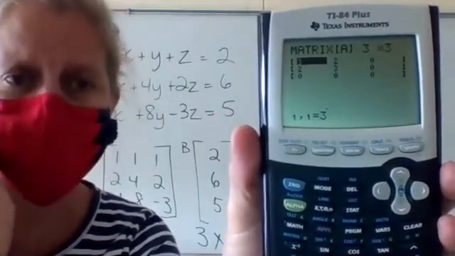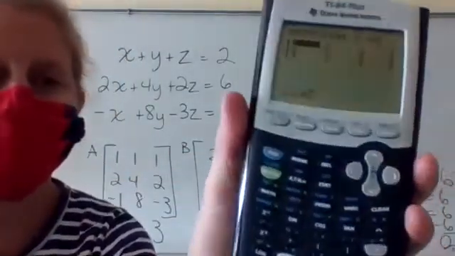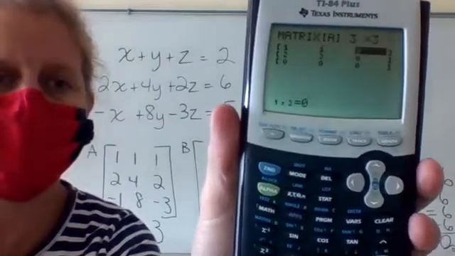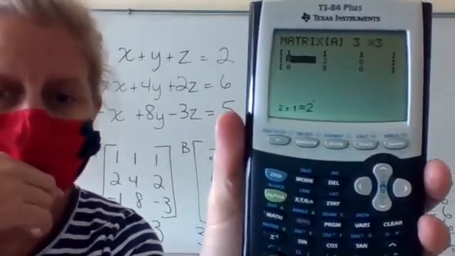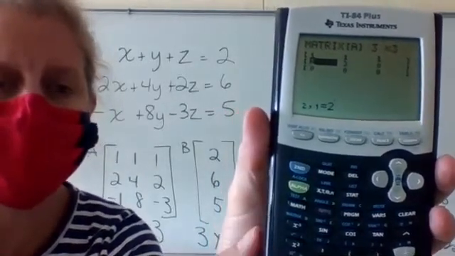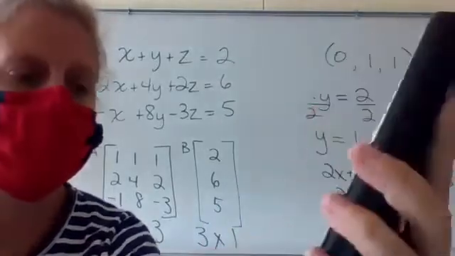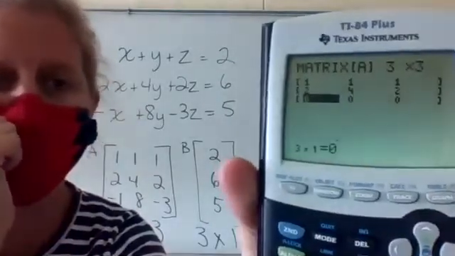So let's see, that first row is all 1, 1, 1. So 1, enter, 1, enter, 1, enter. The second row, you want to do 2, 4, 2. So 2, enter, 4, enter, 2, enter.